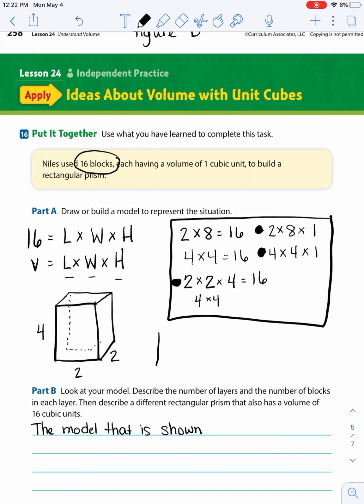I'm so used to doing it like this. So let's say I made this a 2, a 2, and a 4 tall, okay? So it's 2 across, 2 back, and 4 tall, okay?